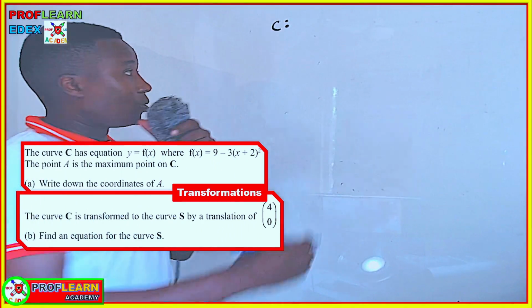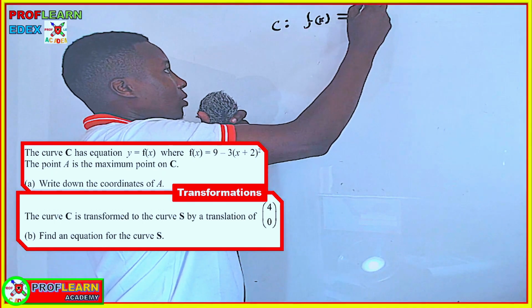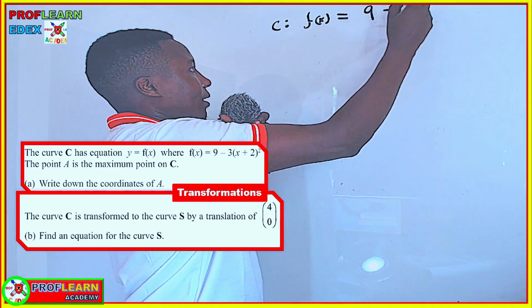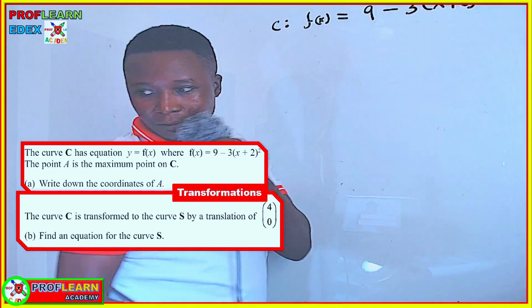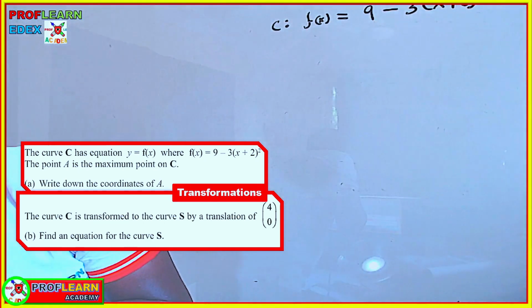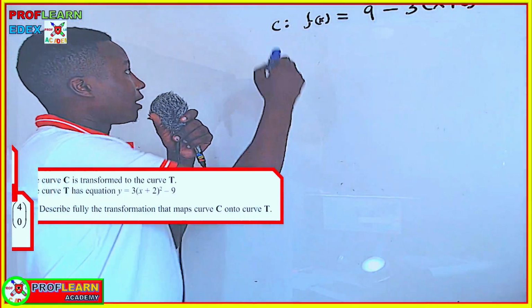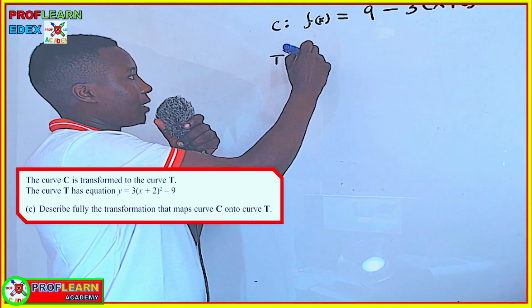The curve C was f of x equals 9 minus 3 into (x plus 2) squared. That was the curve C. Then our new curve, this is actually T.